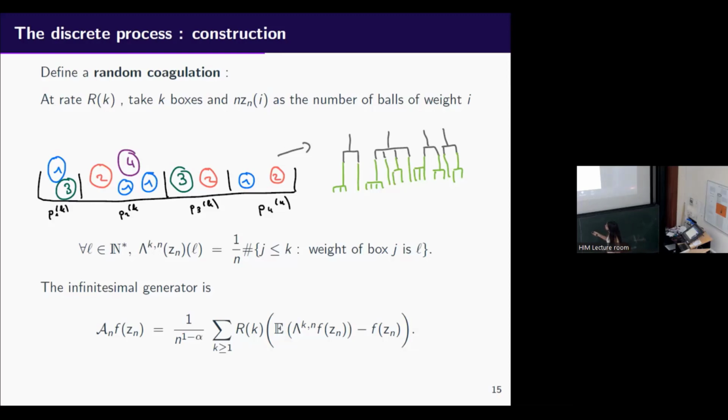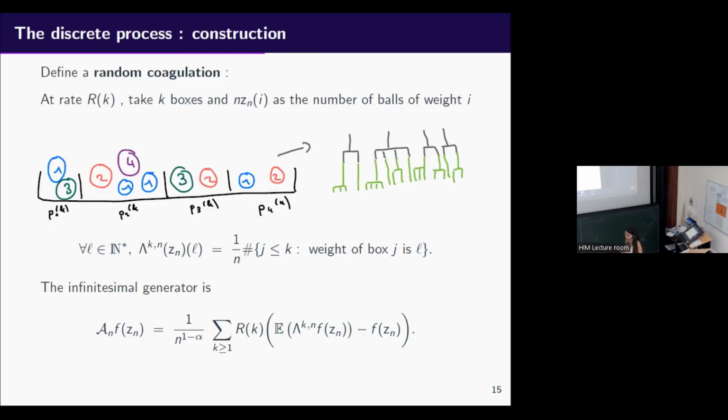And this process has this generator. So R k is the rate at which partitions of size k arrive, and I coagulate my lineages according to this discrete coagulation operator.